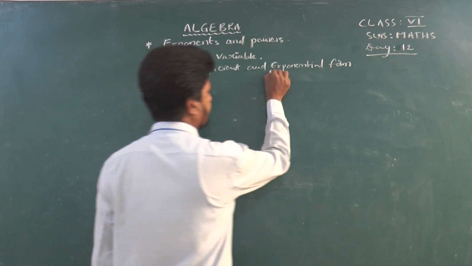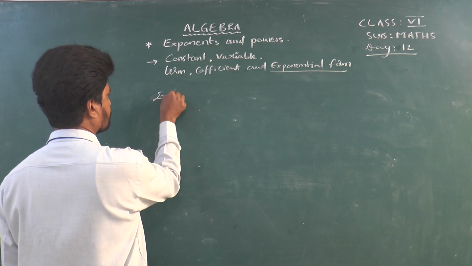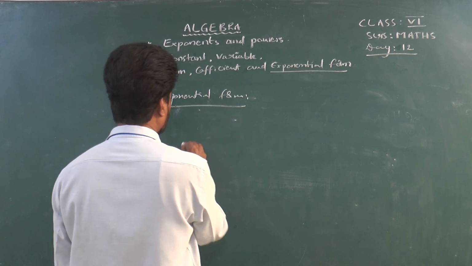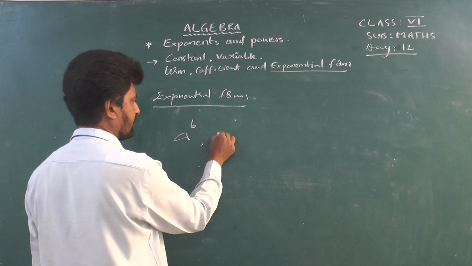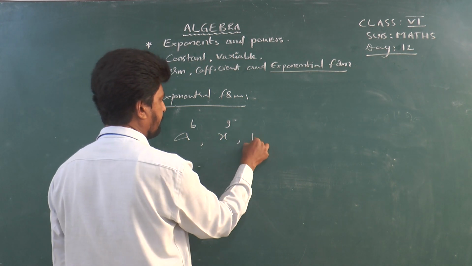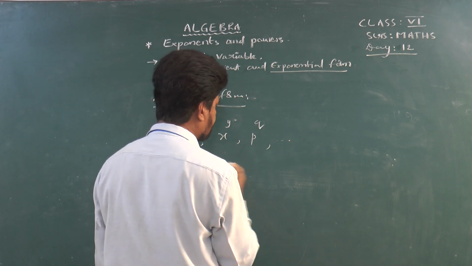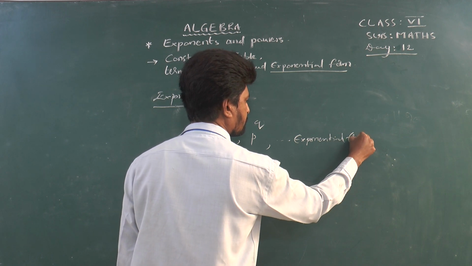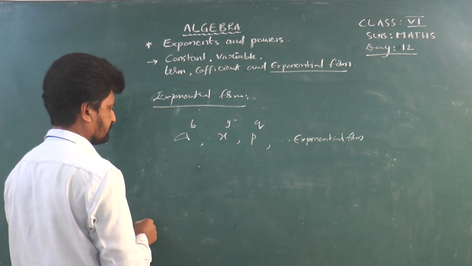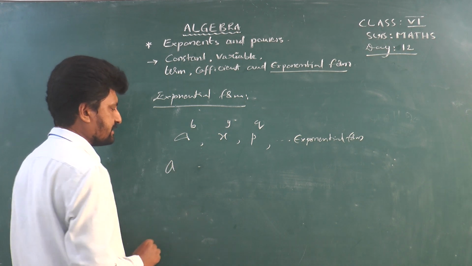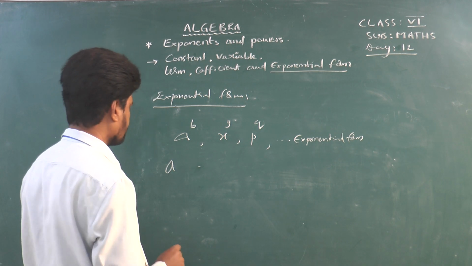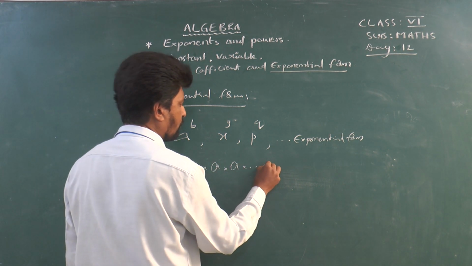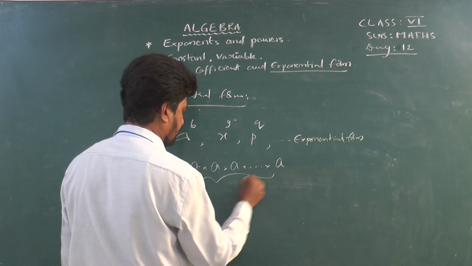Now let us see about the exponential form. a to the power of b, x to the power of y, and p to the power of q, etc. These forms are called exponential forms. What is the meaning of this? Let us suppose a is a number. Now a is multiplied by a itself again, suppose n times.